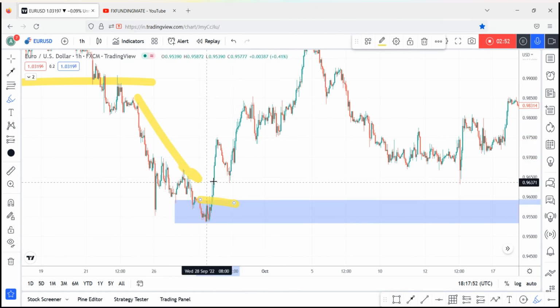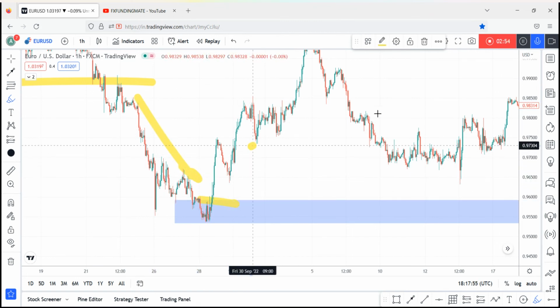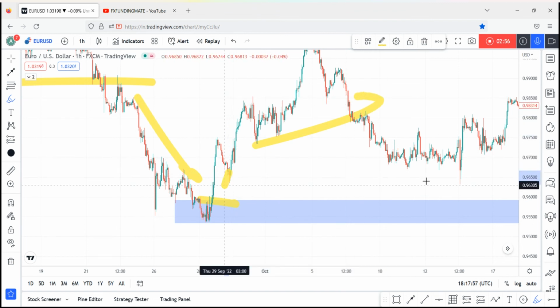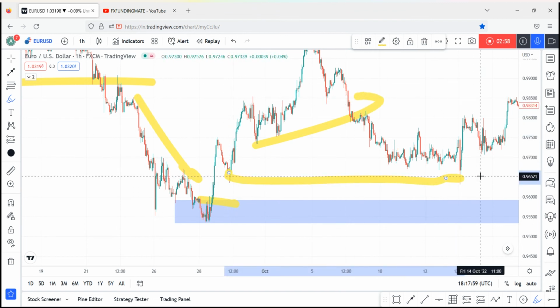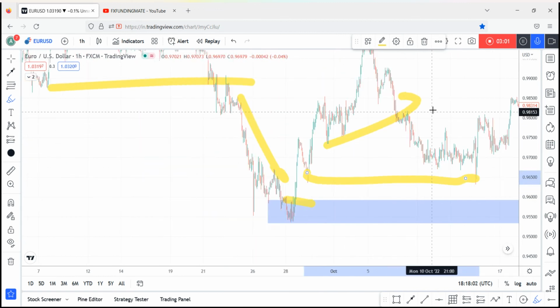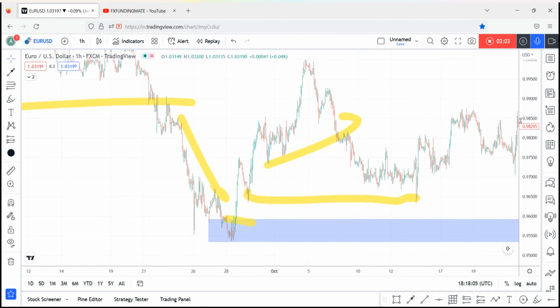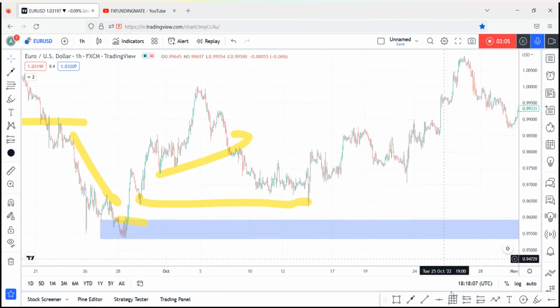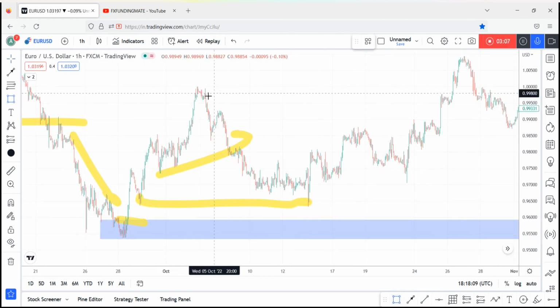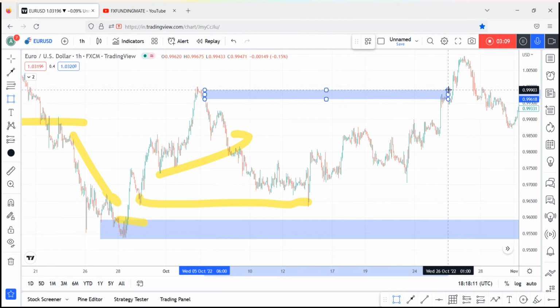And price made a break of structure going lower, this is liquidity, and from here price just mitigated this demand zone and started going higher, right? And from here what happened is like this.